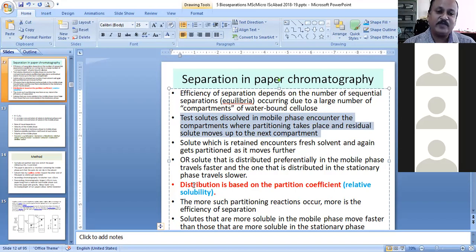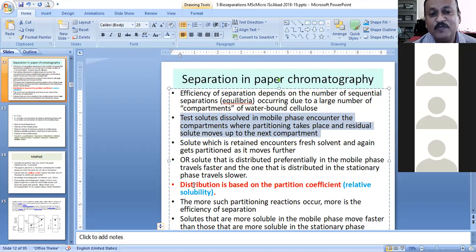So now what can we say about the sequence of the events? The one which is getting 80% solubilized in the mobile phase will move very fast. Then the 50% molecule, that is the C molecule, will be an intermediate molecule, and the A molecule, which is 40% getting retained on the stationary phase, that will probably be, I said something wrong.